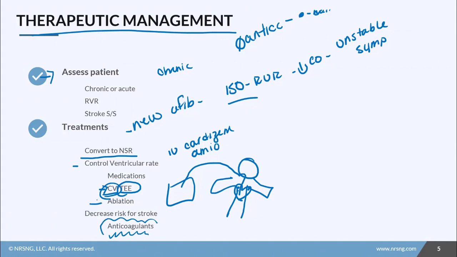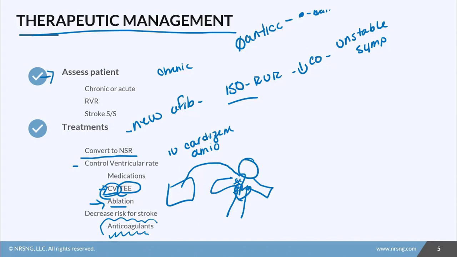Now with ablation, so if somebody has had a couple cardioversions and they're still in AFib, we can do an ablation. And make sure that you guys check out the A-flutter ablation lesson, because I talk about that into more detail. But just in simple terms, ablation will burn the cells that are causing the additional conduction, the additional stimulus.